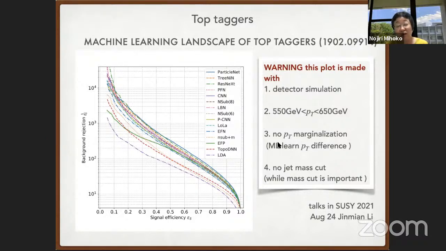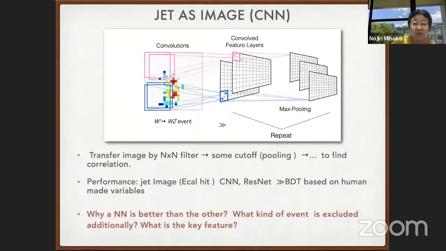This is the answer after using a detector simulation and a certain PT range, but this doesn't have a PT marginalization, so the machine learning is actually using the PT information, and it also doesn't have a jet mass cut. So this number, 10 to the minus 3, looks really good, but you have to bear in mind the conditions under which it is made.